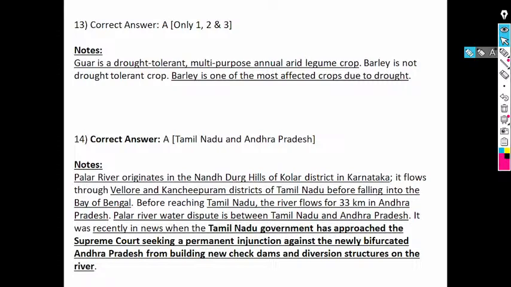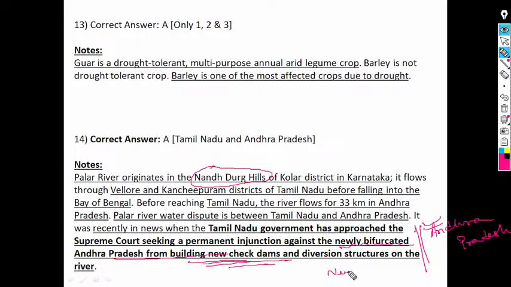माने जितने कर्नाटक से बाहर, Nandi hills जितने कर्नाटक में किसी को प्रॉब्लम नहीं, but the problem is with the Andhra Pradesh government, particularly the newly bifurcated Andhra Pradesh building new check dams and diversion structures in the river.